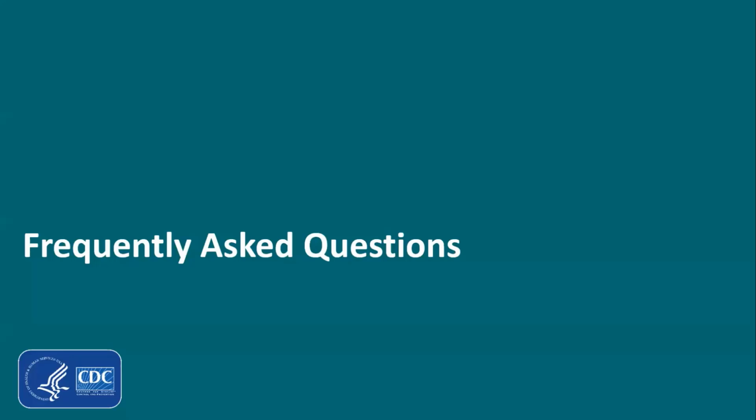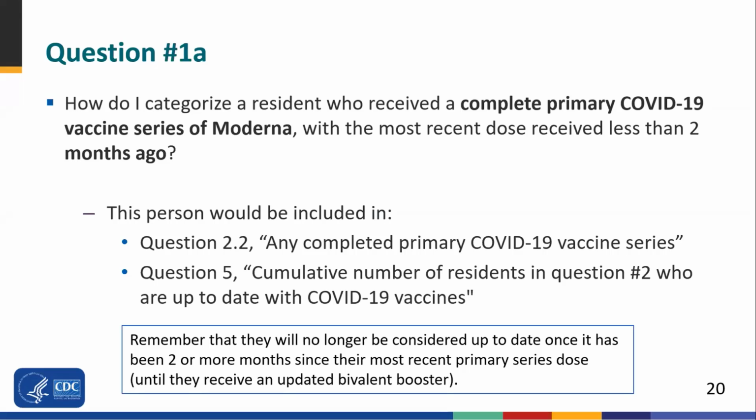Let's now review some frequently asked questions, also known as FAQs. How do I categorize a resident who received a complete primary COVID-19 vaccine series of Moderna, with the most recent dose received less than 2 months ago?